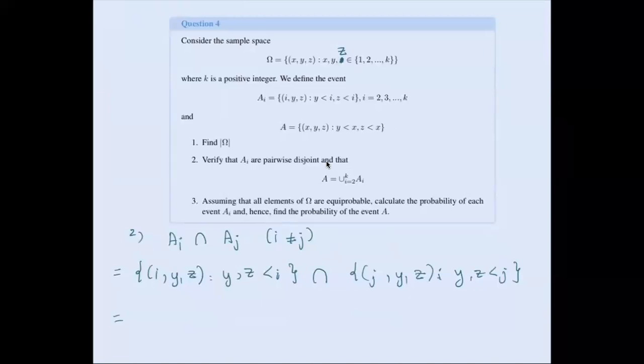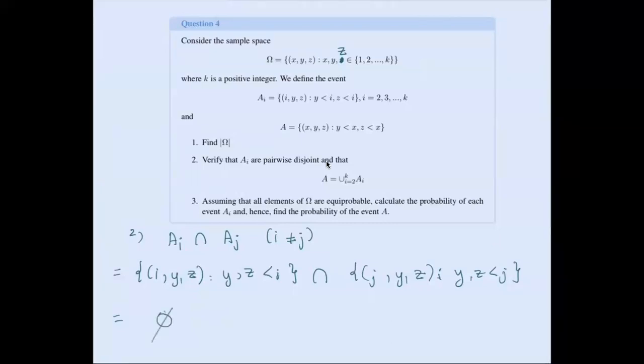Do you think there are any common elements between these 2 sets? No, since i and j are different, the tuples can't be the same.